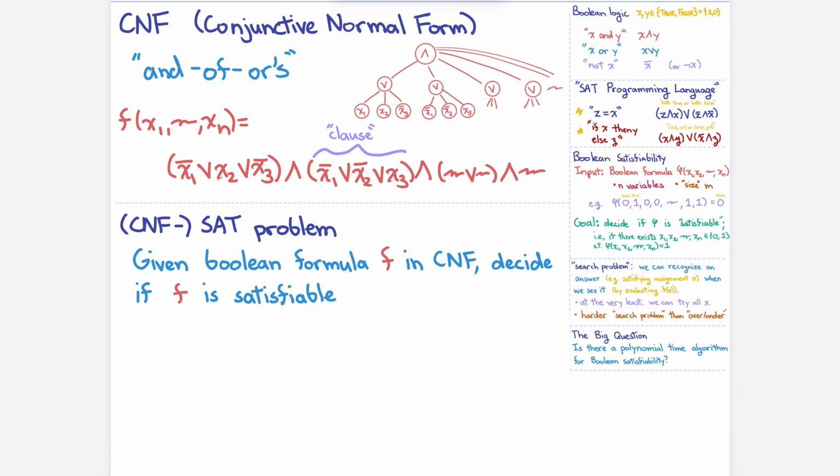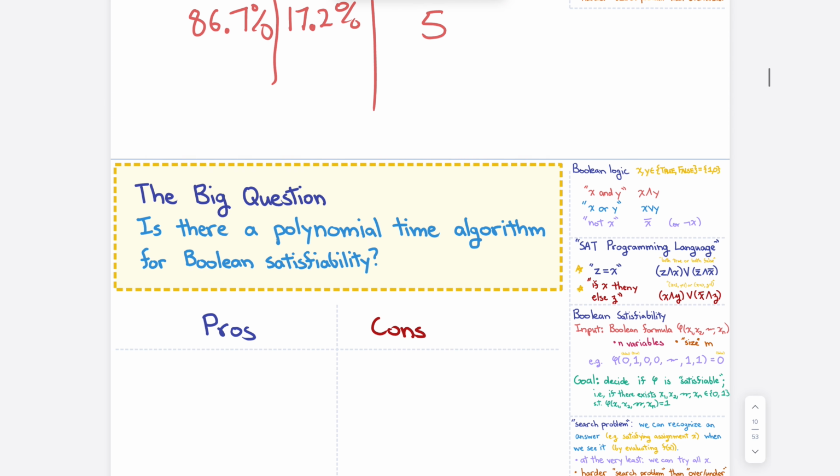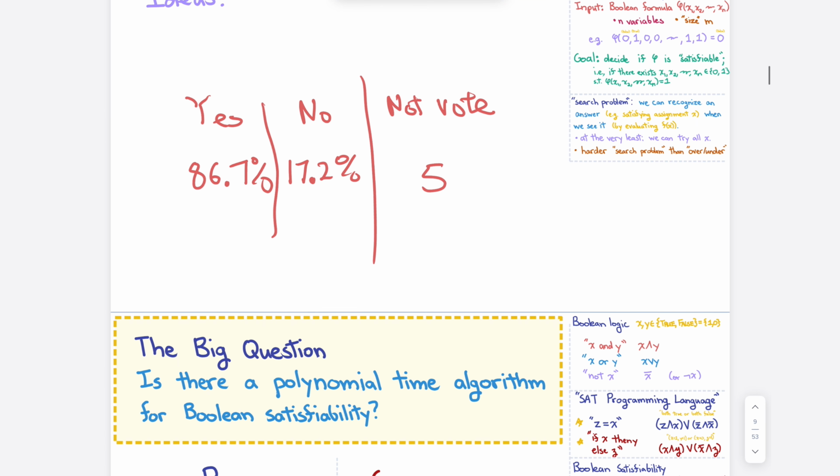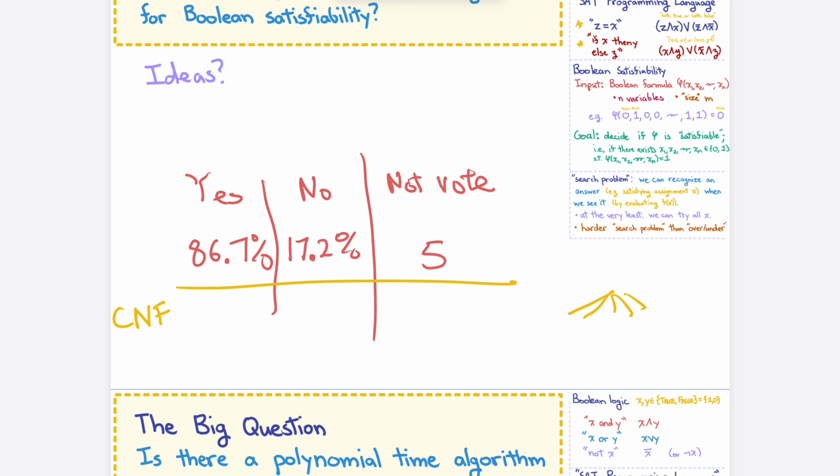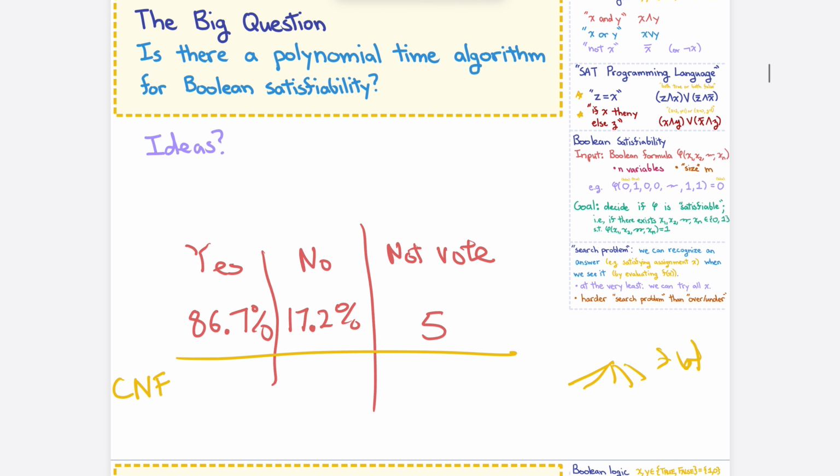Does the setup make sense? I can very briefly ask this poll again. Now we're doing CNF, so this is the flat version, and we can ask whether you think this will be solvable or not.